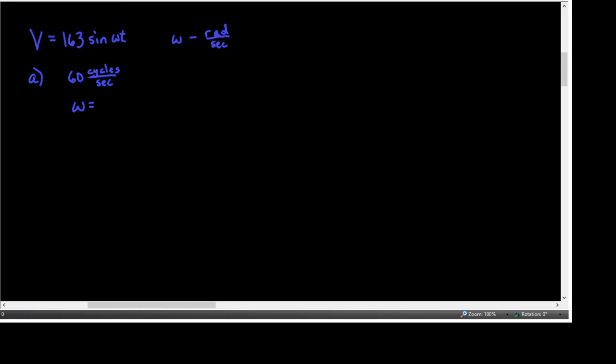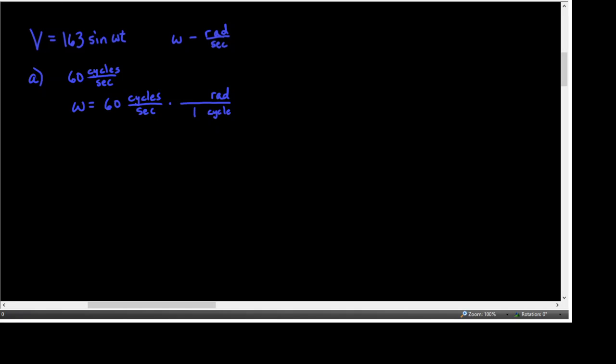So I've got 60 cycles per second, which is kind of an angular velocity, but it's not in the units I want. I want to get rid of cycles and create radians. So how many radians are there in how many cycles?